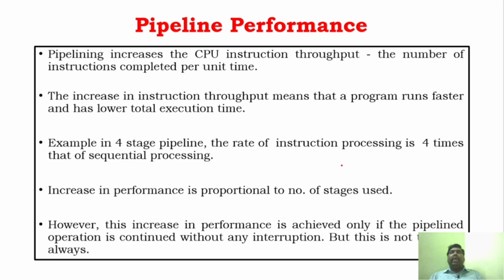As I said, pipelining increases the CPU throughput, the number of instructions executed per unit time, which also reduces the time taken for a number of instructions. For example, compared to a normal processor which performs sequential operation, a pipelined processor will be 4 times faster than the processor which is not pipelined.